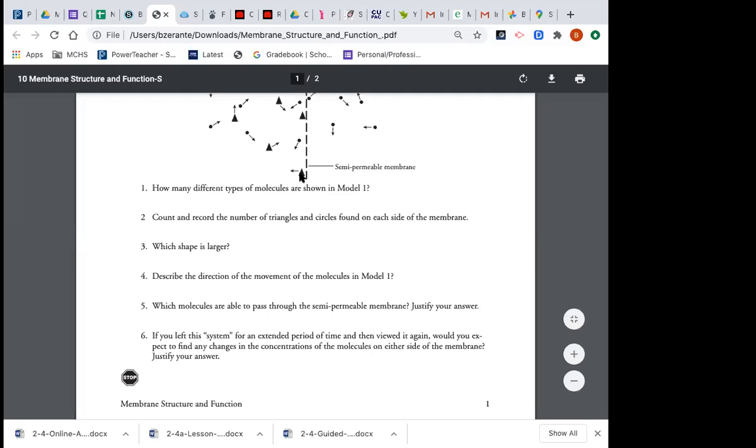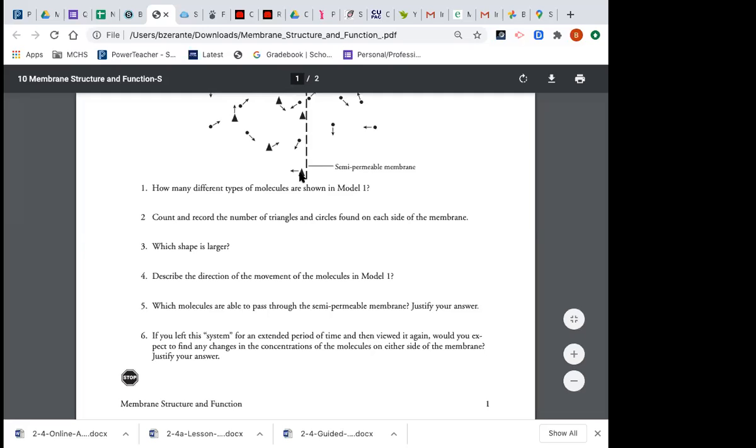Okay. Now, again, this simple diffusion only works for really, really small particles, okay? Particles like water or oxygen, carbon dioxide, things like that, okay? Now, yeah, question. No changes with the triangles, and then you just say the circles will keep moving back and forth, but the numbers will stay about the same on each side, okay?